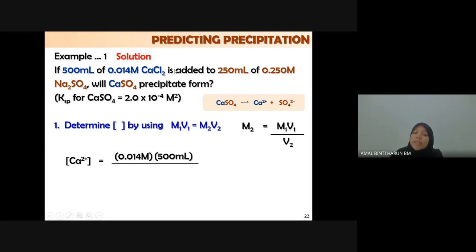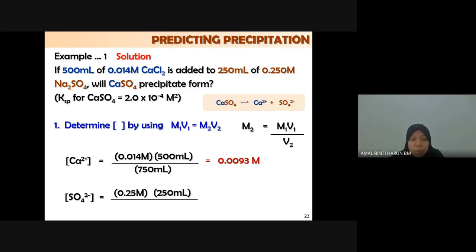Bila volume meningkat daripada 250 ml tambah dengan 500 ml, dia dah jadi 750 ml. So concentration each of those ion also change. So kita kena cari concentration each ion dalam condition yang baru, dalam volume yang baru.